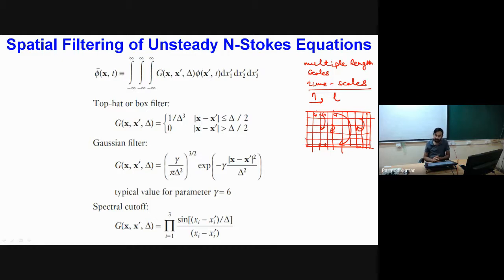But as I told you, some small eddies are also present in our flow domain. For finding out the effect of small eddies, we use subgrid scale models, and these subgrid scale models help us in determining the effect of the small eddies.